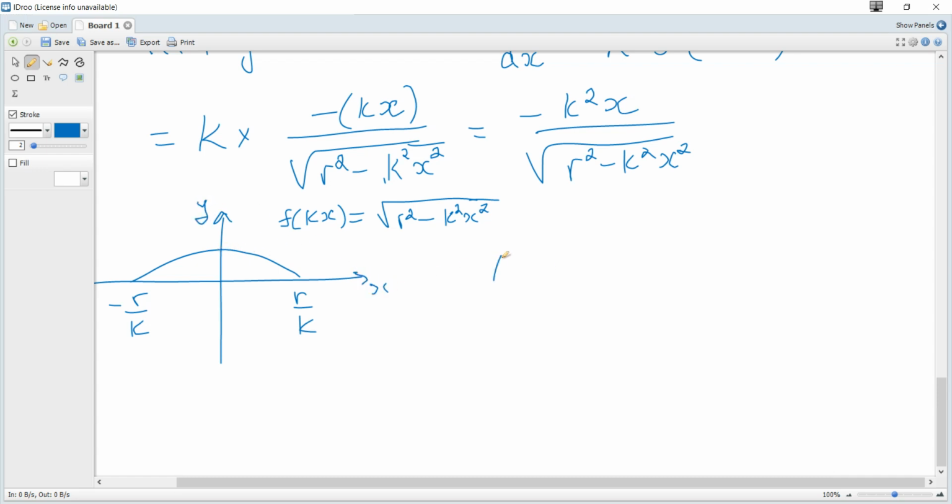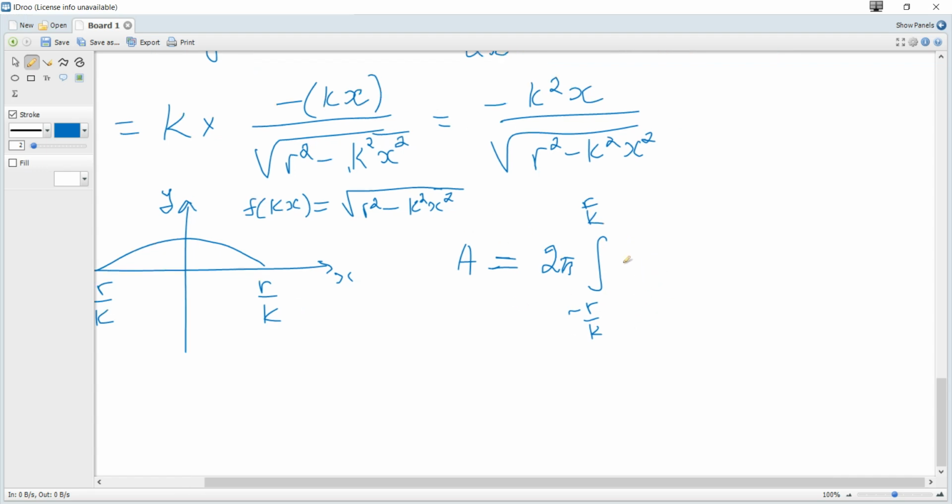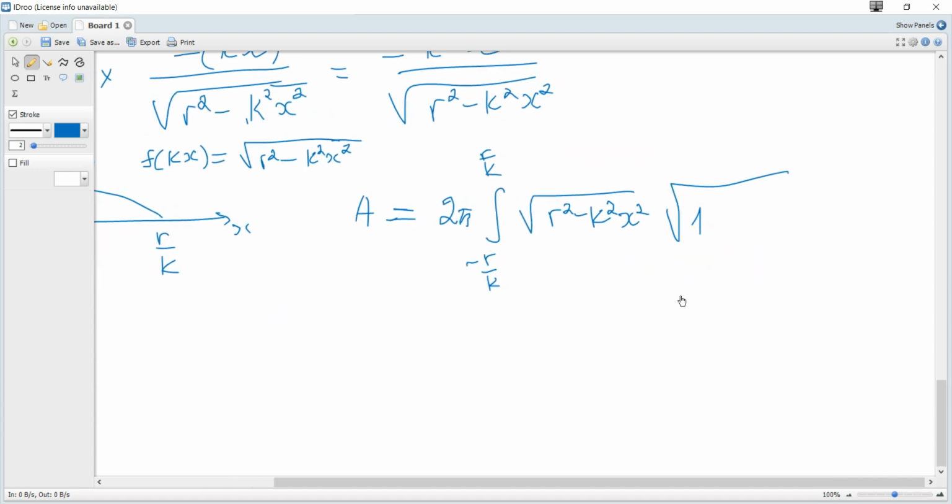And we need to calculate according to the given formula for the surface area, which is 2π. This formula is given from x1 to x2, and we can see that it's from negative r over k to r over k, and y is the square root of r squared minus k squared x squared, multiplied by the square root of 1 plus the derivative squared.